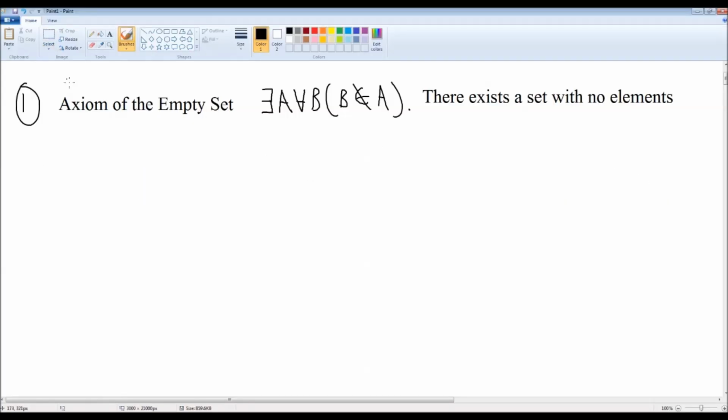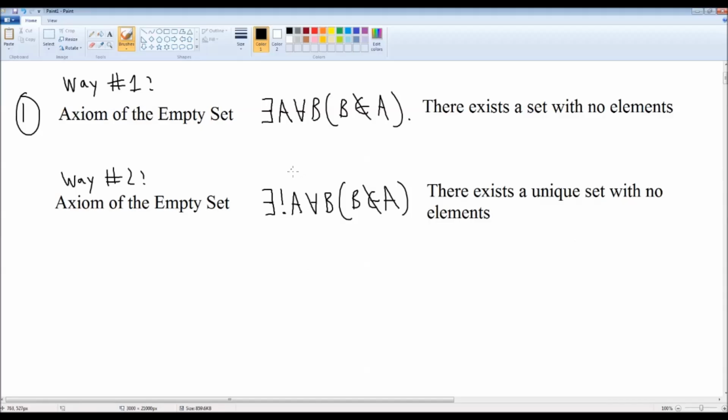There are four different ways you can handle what I call the axiom of the empty set. Way number one is to present the axiom of the empty set as saying there exists a set with no elements without specifying whether or not it's unique. Way number two, and the way I believe some books do it, is to present the axiom as saying there exists a unique set which has no elements.